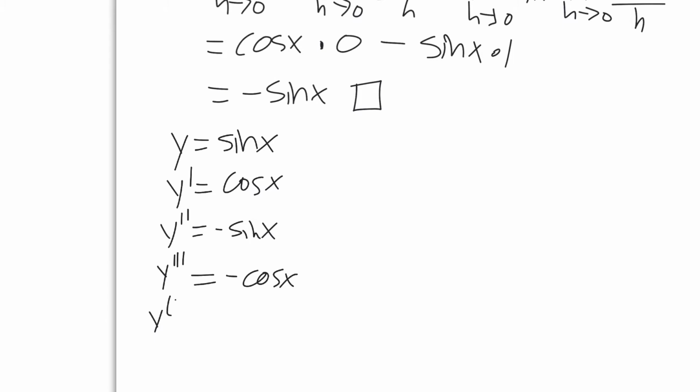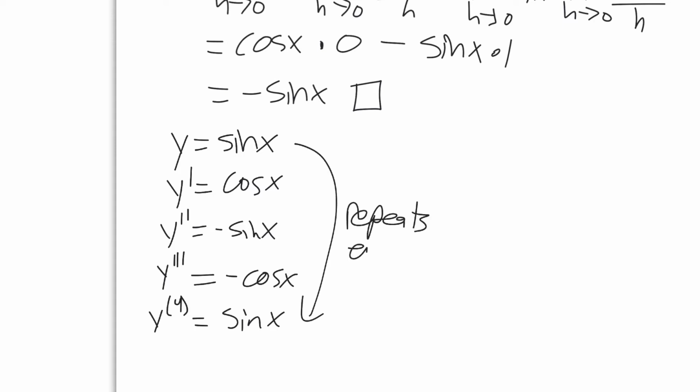And then the fourth derivative, well, the derivative of negative cos is negative negative sine, so just back to positive sine x. So if we notice, it repeats every 4. It's kind of like e to the x. If we have y equals e to the x, the derivative is also e to the x, but here it repeats every 1. For the trig functions sine and cos, we have to wait 4 derivatives until it repeats.